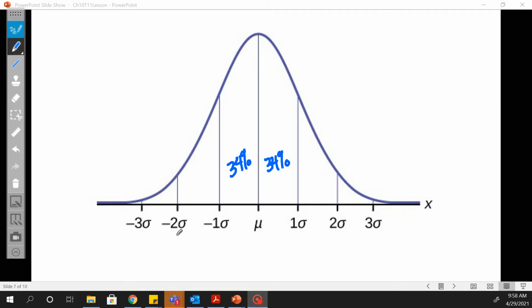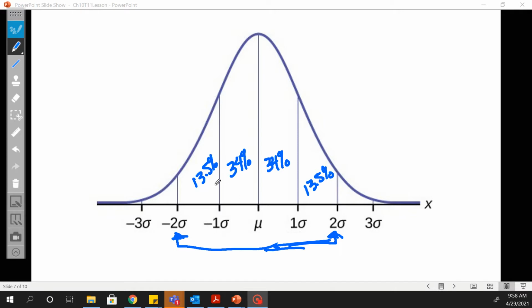Now, if we know that between these two standard deviations, two above and two below, there's 95% of the data, and we already have 68, 95 minus 68, then that means that in this little piece between 1 and 2, 13.5% of the data is there, and for this one, 13.5% of the data is there as well.